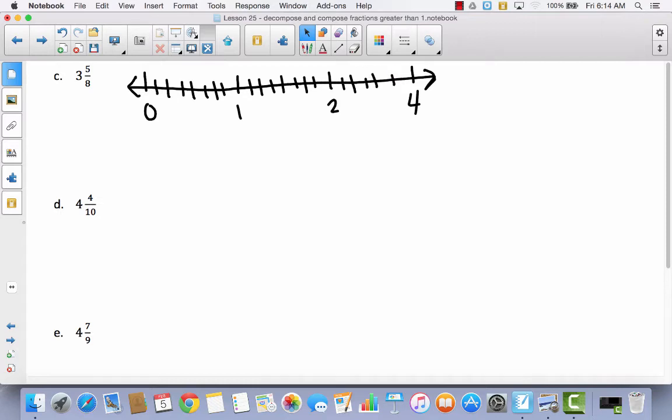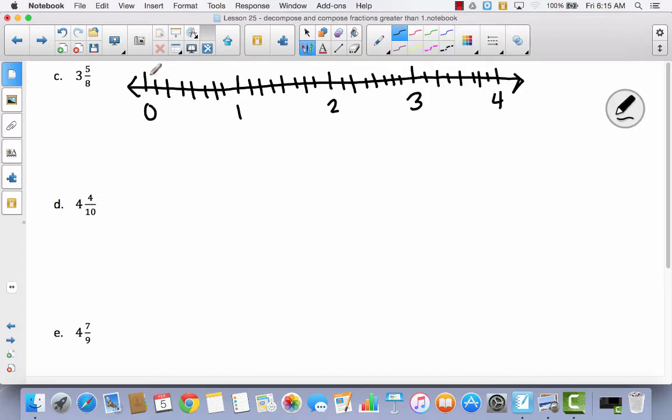So again, you'll notice I'm going from 0 to 3. I've got to think about how many eighths that would be. This would be 8/8, this would be 8/8, and this would be 8/8. So what would 3 wholes be? Well, 8 times 3 is 24, so this would be 24 eighths.